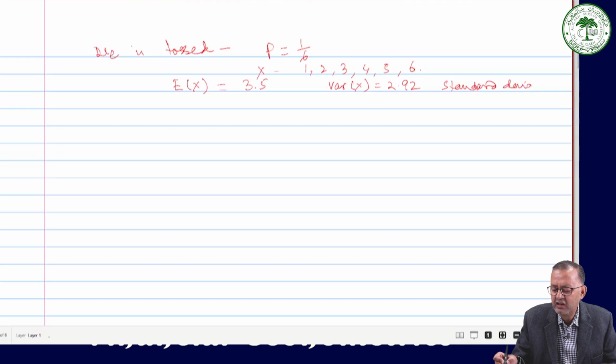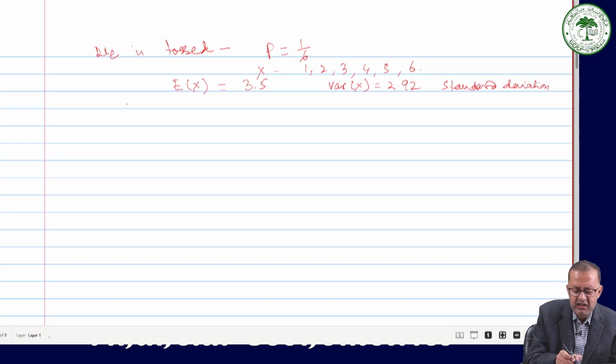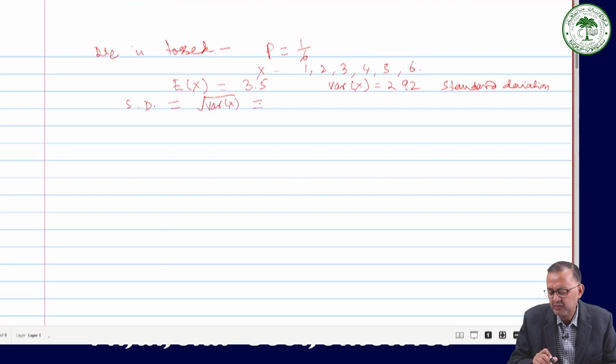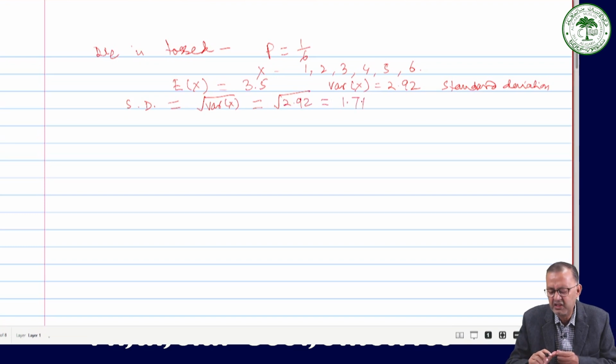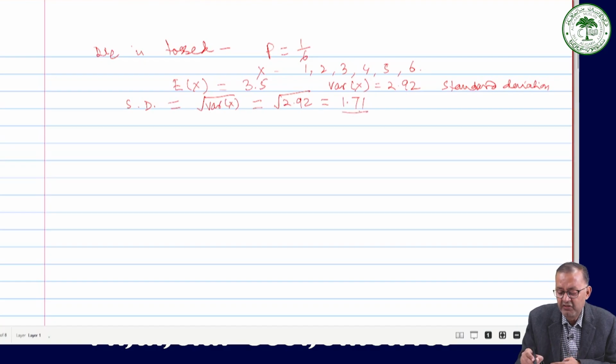The standard deviation is equal to the square root of the variance of x, just for the sake of making the unit of measurement similar. So the square root of 2.92 is approximately equal to 1.70 or 1.71. So this was the standard deviation.